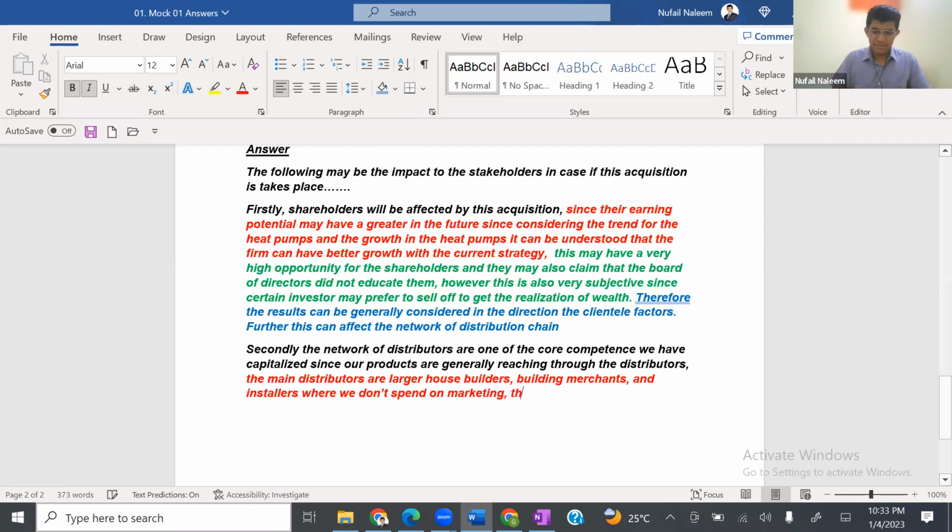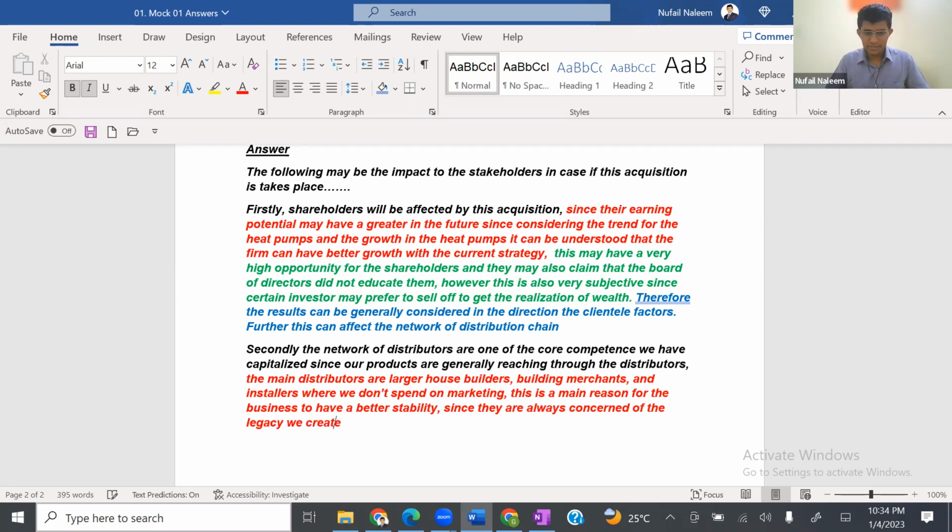So this is a main reason for the business to have a better, I can say, stability, since they are always concerned of the legacy we created. Correct, no, students? That plays the critical factor.